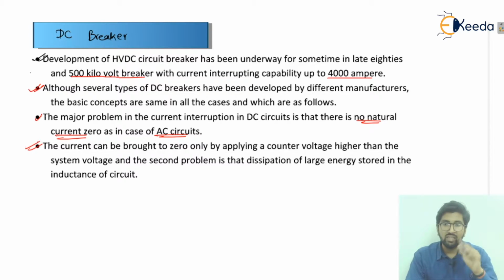Now, the current can be brought to zero only by applying a counter voltage higher than the system voltage. So although there is a problem, we know that we cannot use the natural current zero in DC circuit breakers, but there is also a way we can interrupt that.